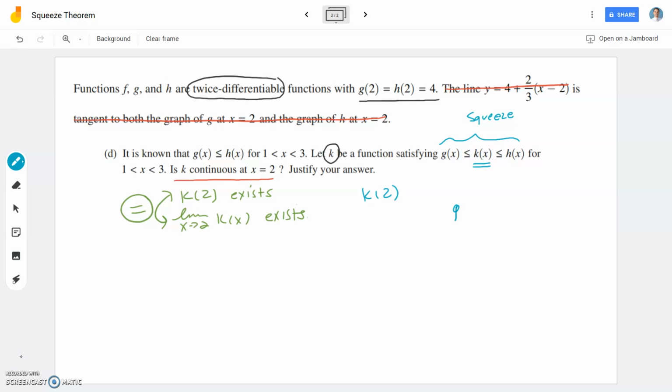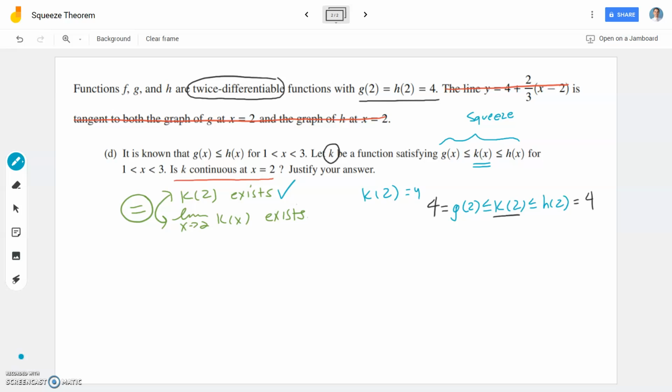It is then natural to conclude that k of 2 lies between g of 2 and h of 2 on that interval. And since these outside values were given to be 4, then k of 2 is squeezed in between the others and will also have a value of 4. So our first condition is met.